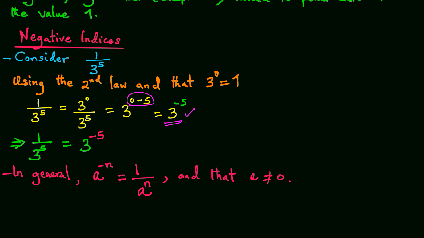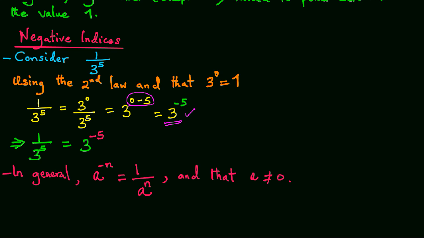So we can therefore say that 1 over 3 raised to power 5 is equal to 3 raised to power negative 5. So it is important to note the relationship between 1 over 3 raised to power 5 and 3 raised to power negative 5.